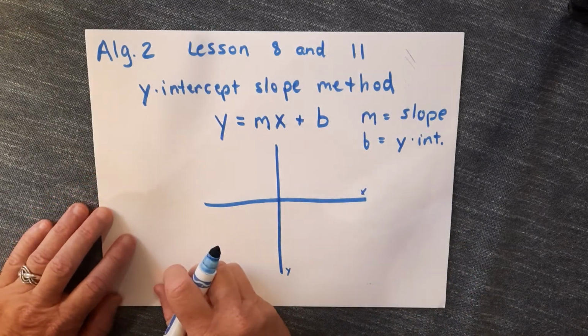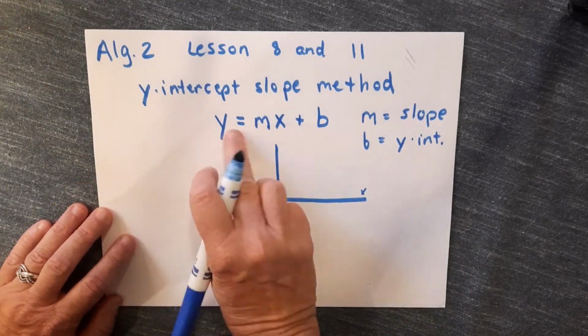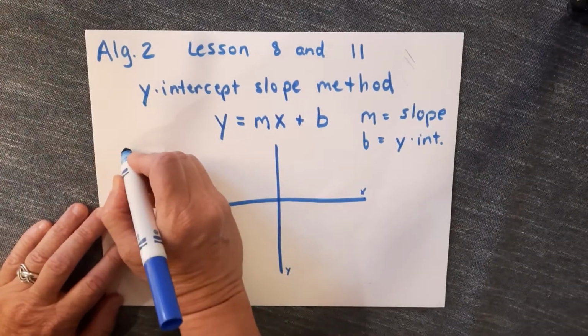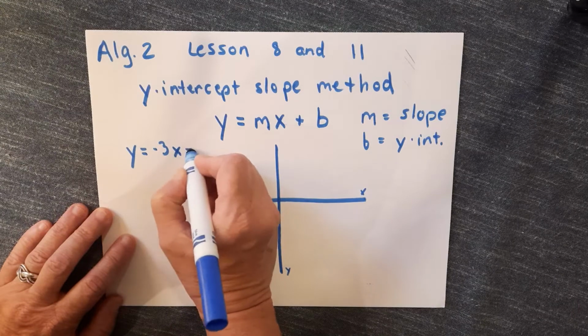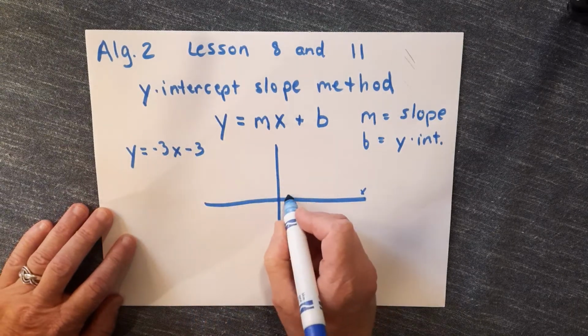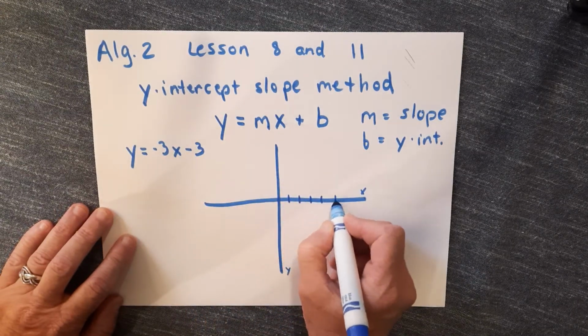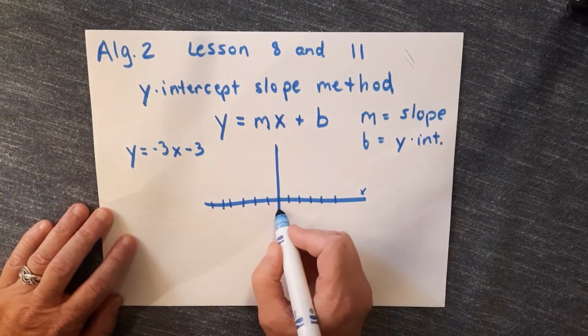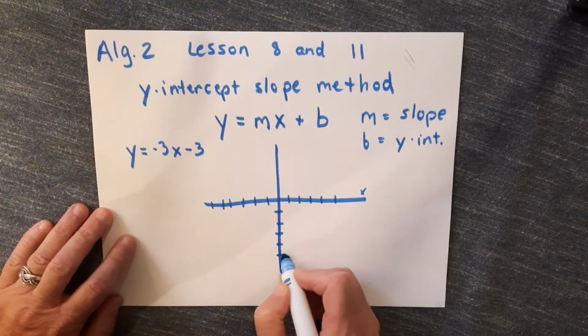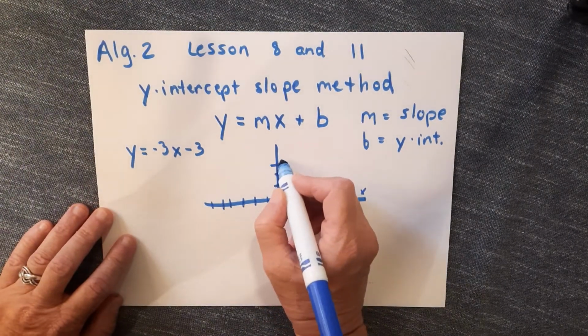So if we have an equation already written in this form, we're going to say y equals negative 3x minus 3. So let's put some numbers on our number line. These are the negative numbers on the x, these are the negative numbers on the y, and these are the positive numbers on the y.